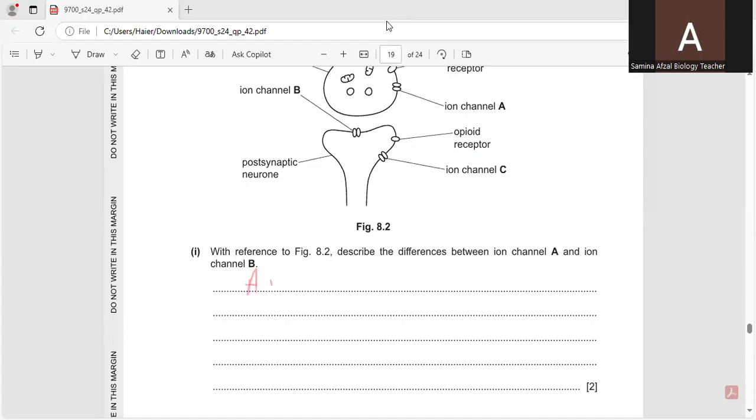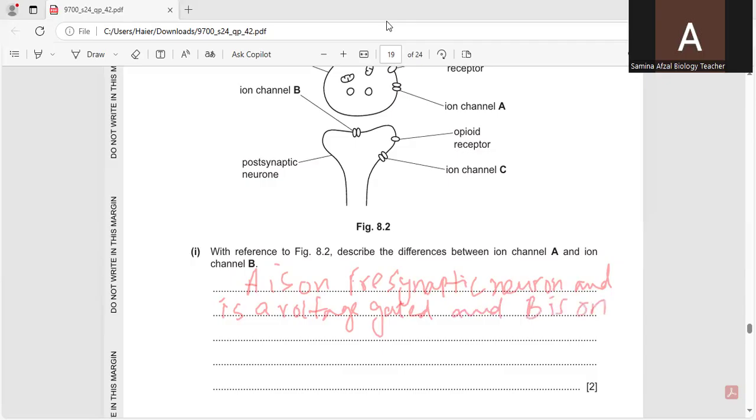A is on the presynaptic neuron and is voltage gated, and B is on the postsynaptic neuron, which is non voltage gated.